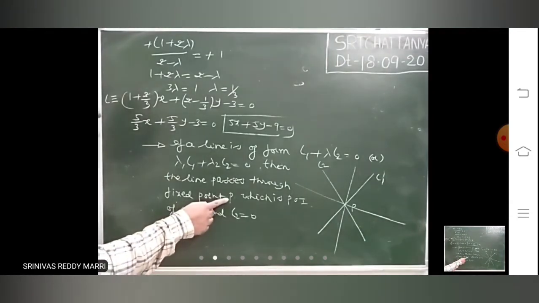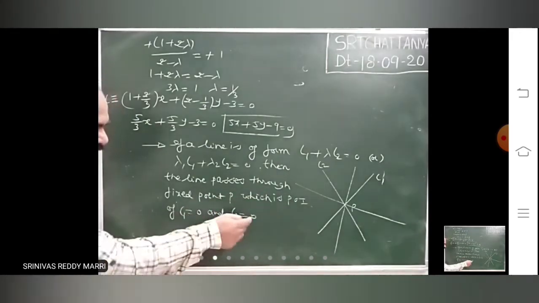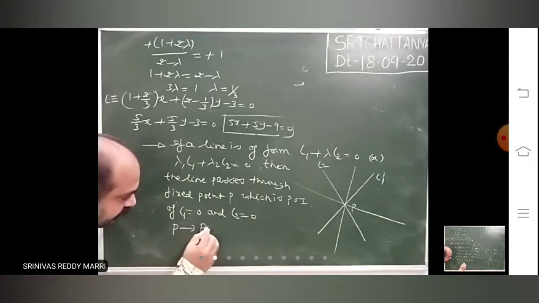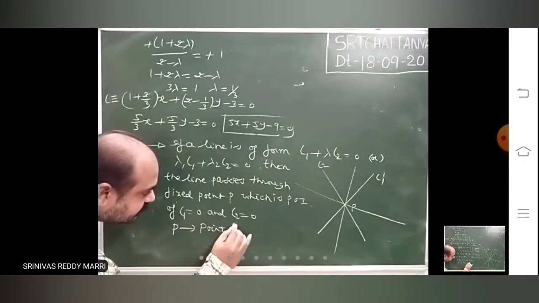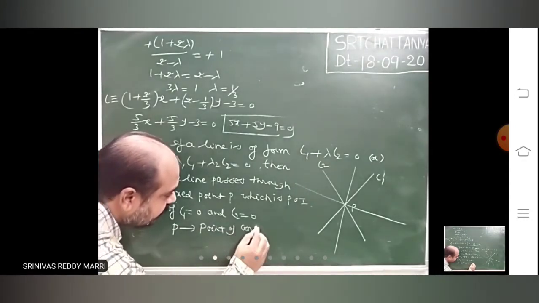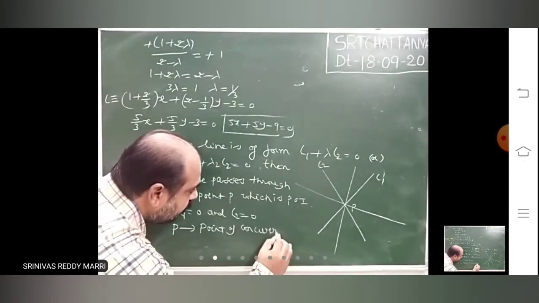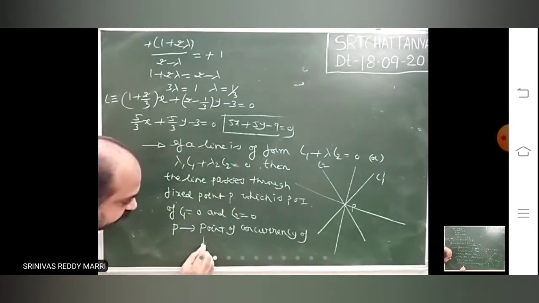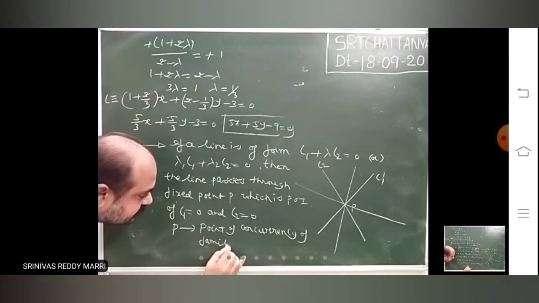This point P is also called the point of concurrency of the family of lines.